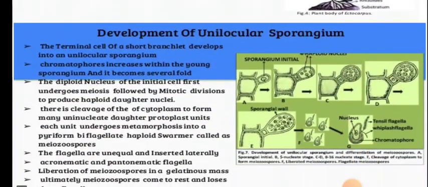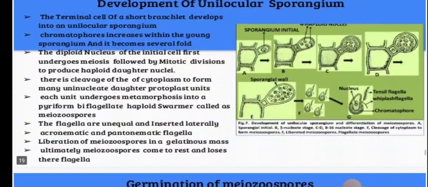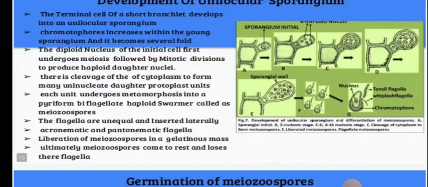Then in the unilocular sporangium of Ectocarpus, it shows a terminal cell that is short, then it shows the branchlets. Chromatophores increase within the young sporangia and become several fold. The diploid nucleus of the initial cell first undergoes meiosis, followed by mitotic division to produce the haploid daughter nuclei.